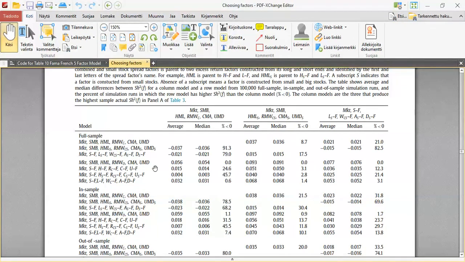So again, what we see here is if we test the column model against the row model here, where we have equation 4, the standard 6-factor model, but using operating profitability instead, we see that this column model produces a maximum squared Sharpe ratio that is 0.093 units higher than the Sharpe ratio of this model here.